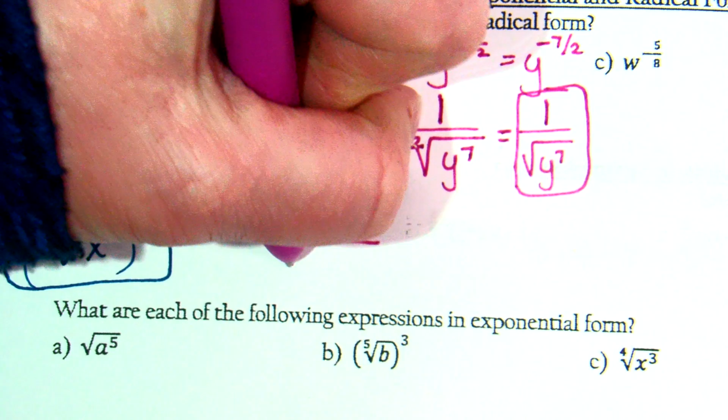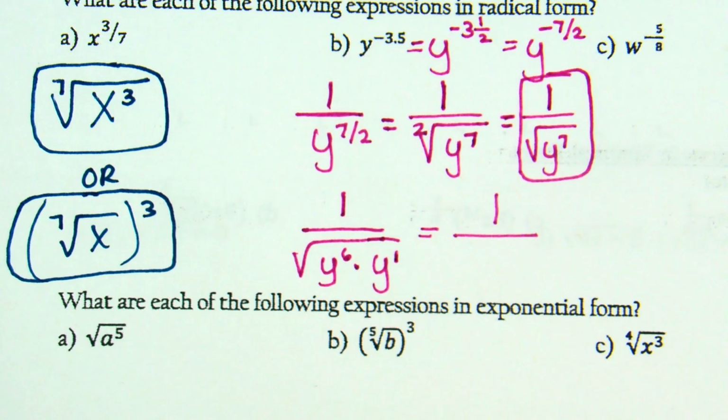And then square root of y to the 1st just stays square root of y. As I said, I have both answers in my notes. In all honesty, I feel like you can probably leave it as the 1st, but I don't really remember off the top of my head. Okay?